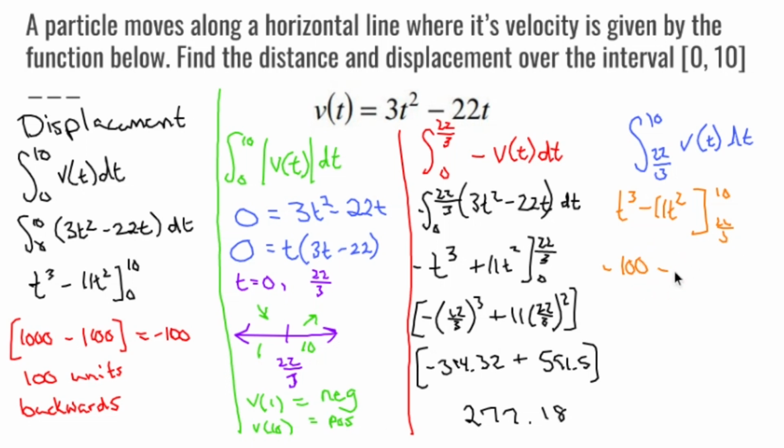So I would get minus 277.18 for this one, which is a double negative becomes a positive 177.18. So my final distance traveled is found by taking the two and adding them together, 177.18 plus 277.18. It's 454.36.